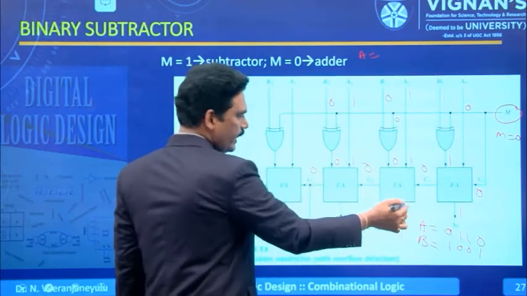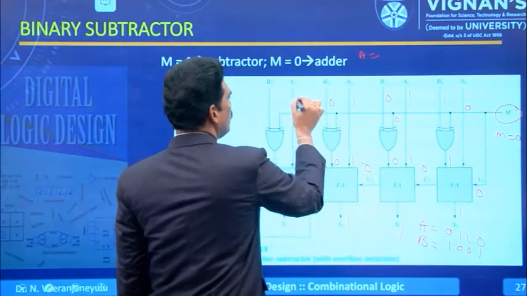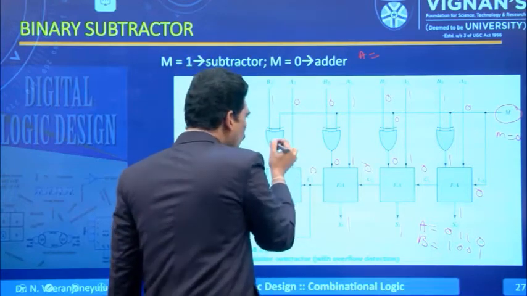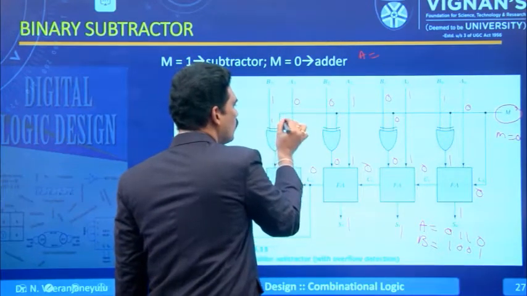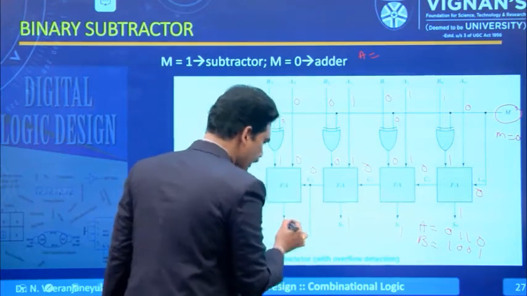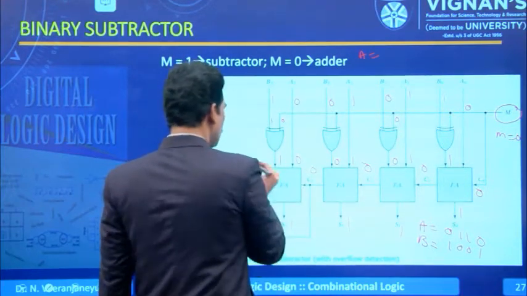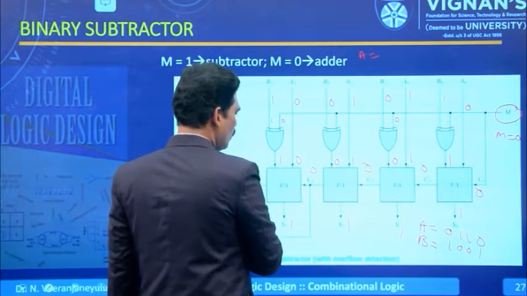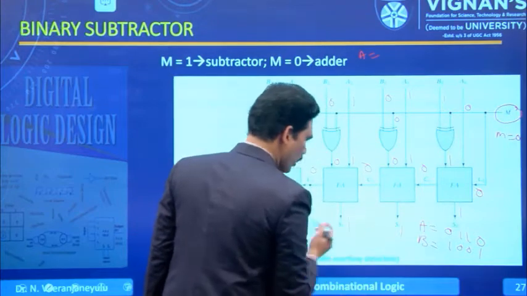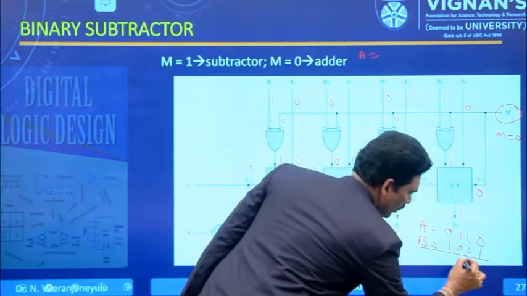Now the last one, A3 is 0 and B3 is 1. 1 XOR 0 gives 1. 0 plus 1 we are getting 1, and this is C4, the carry is 0. So what is the answer? 1, 1, 1, 1.